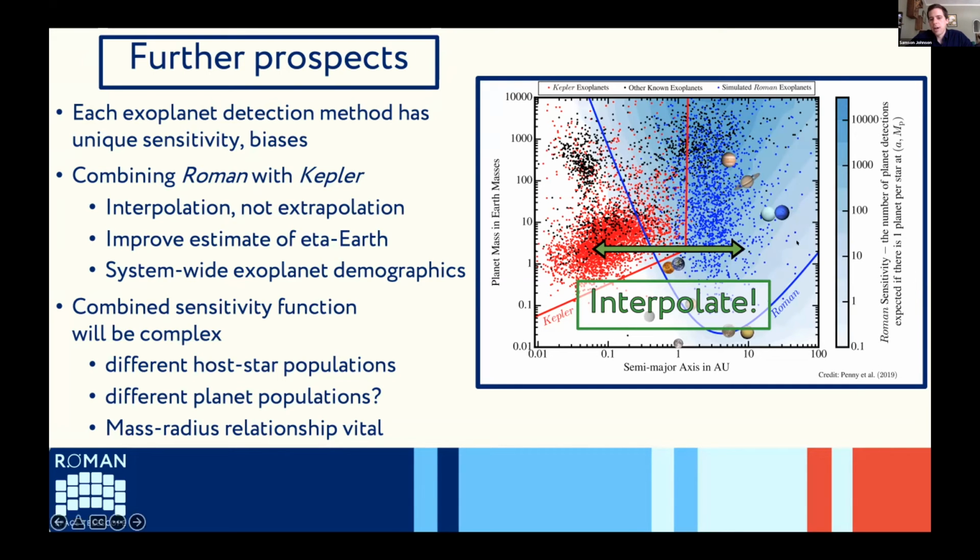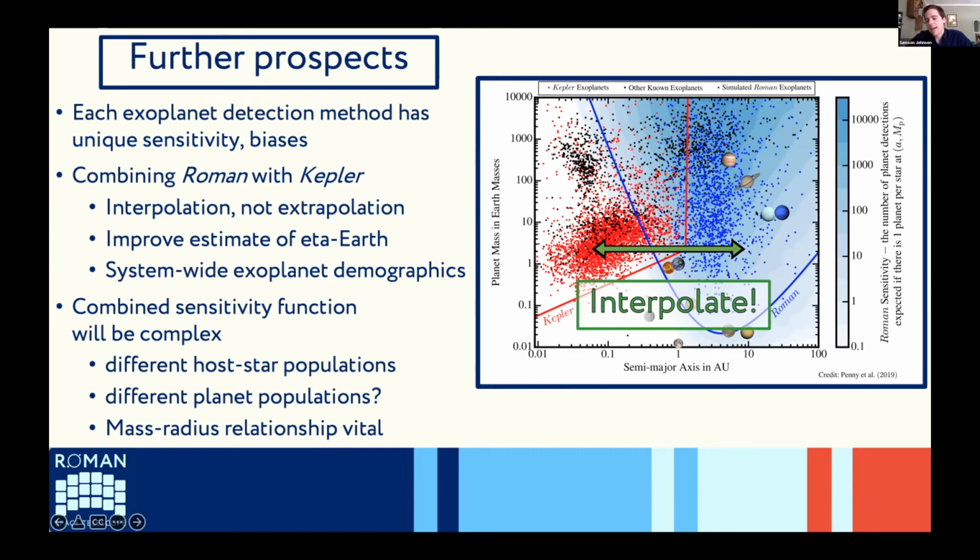So with Roman and Kepler combined, just those two data sets, instead of having to extrapolate from either one, we can interpolate between the two and really hone in on this region to refine the occurrence rate of Earth analogs. But not only that, we'll have potentially system-wide demographics if we understand those statistics well enough.